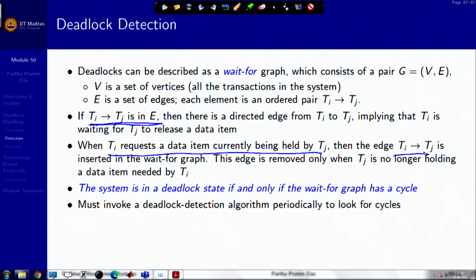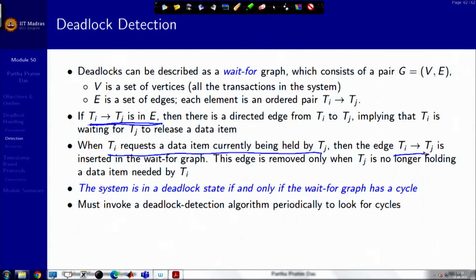But you will know that the system is in deadlock if and only if this wait for graph has a cycle, right? Otherwise it cannot be, because then it is an acyclic graph and the topological sorting has a way of actually allocating the locks, as we have seen before.